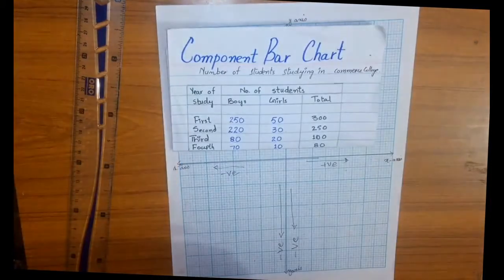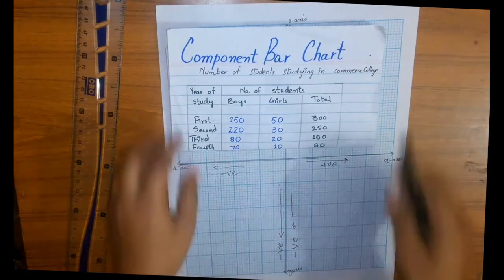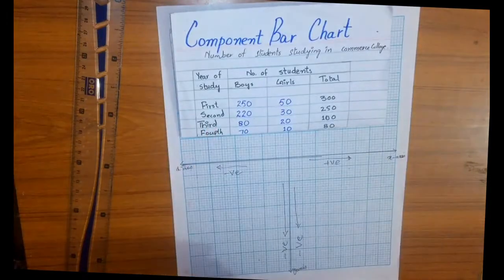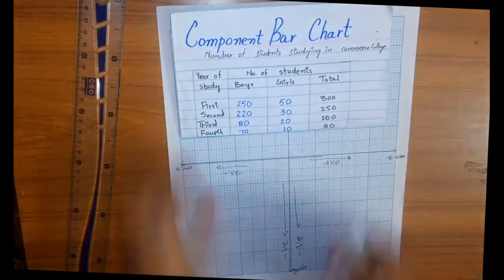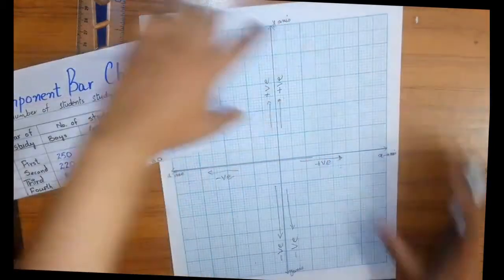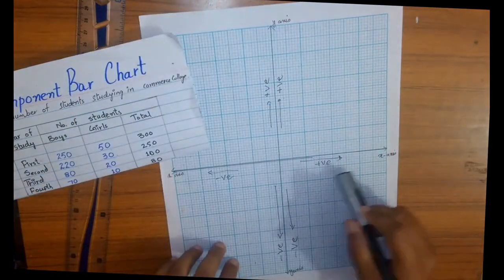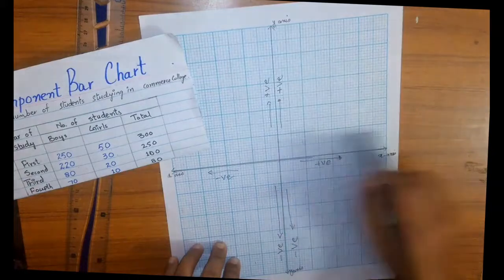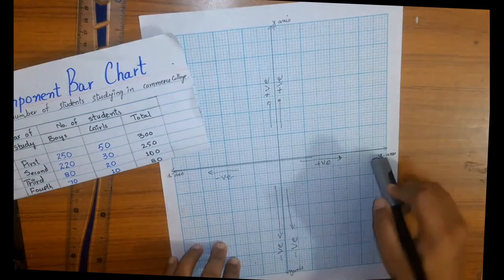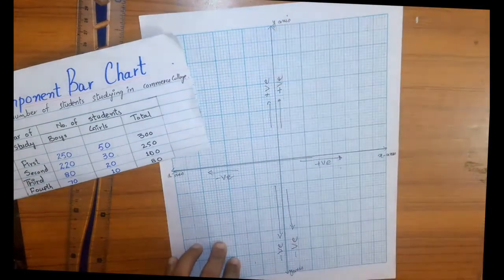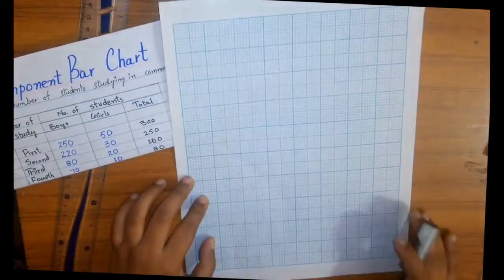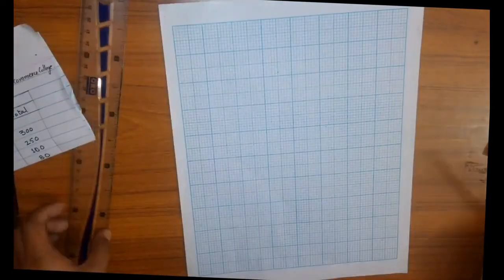Here I am going to use the similar data which I have used in my previous video for component bar chart. So in our data we have all positive values, so we will simply enlarge our first quadrant, in which there are all positive values, either of the x-axis or of the y-axis. Simply enlarge your first quadrant on graph paper.